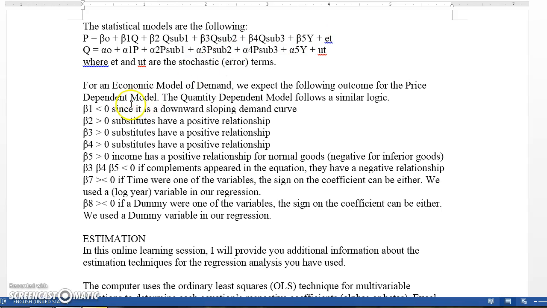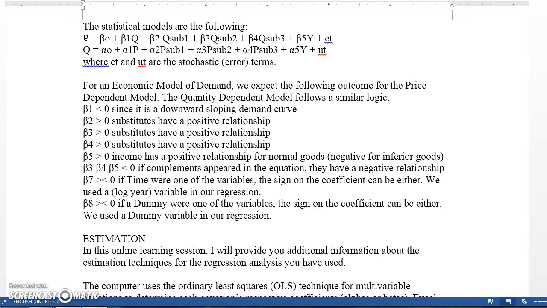If you look at the expected sign of these coefficients, we would expect beta 1 to be negative. This is because the per capita consumption of your major commodity, which is your Q, has a negative impact on the real price of your major commodity.